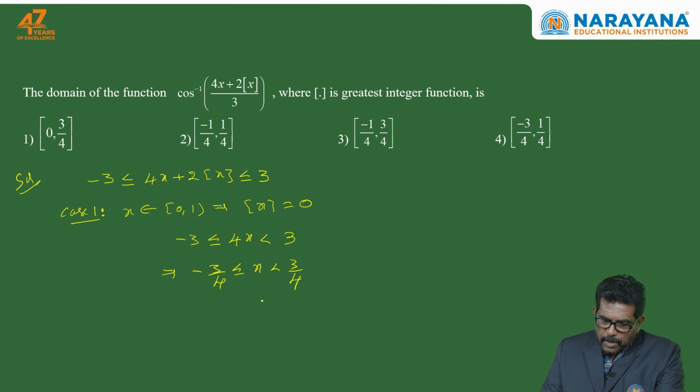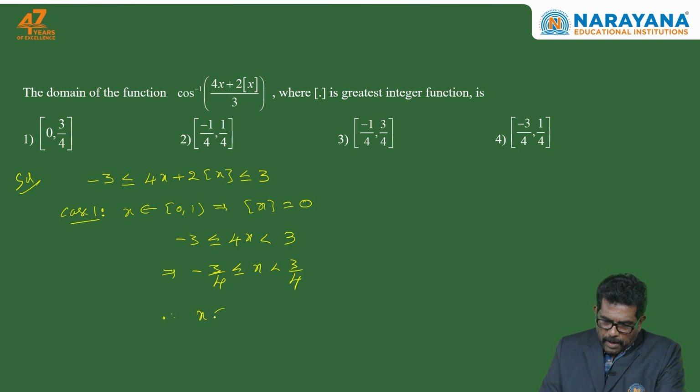Now here x belongs to minus 3 by 4 to 3 by 4, but the domain in this case we consider as x belongs to the semi-closed interval [0, 1). 3 by 4 is 0.75.